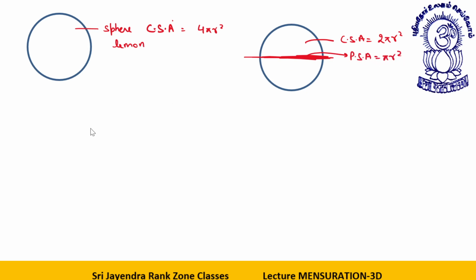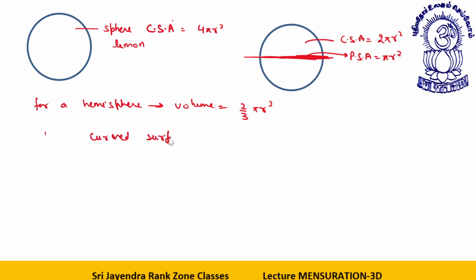So this plane surface area is pi r square. Now what happens, my dear students, for a hemisphere, volume is equal to 2 by 3 pi r cube.